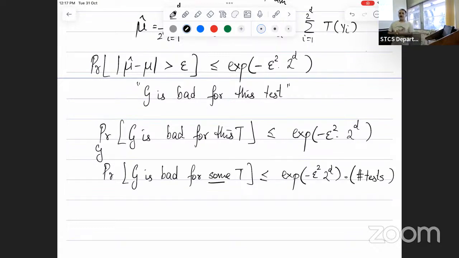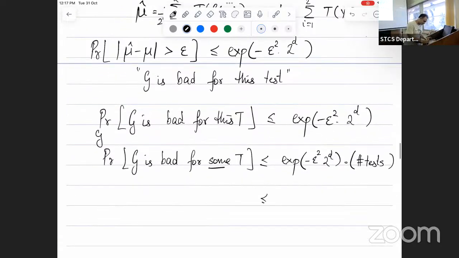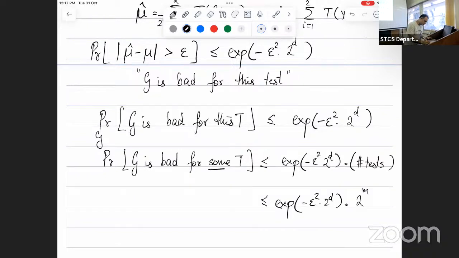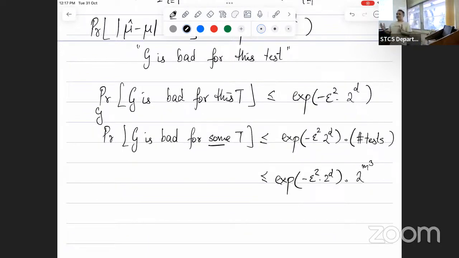And you can now ask, how many different Boolean functions can I have which are computable by circuits of size m squared? I'll let you think about this, and it is not hard to see that this is at most exponential in minus epsilon squared 2 to the d. A safe bound is something like 2 to the m cubed. Technically, m squared log m is enough, but I'm just putting m cubed here. Now, so far we have not set what d is. If d is reasonable, you can drive the probability down as far as you want.